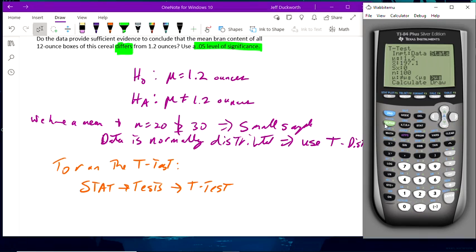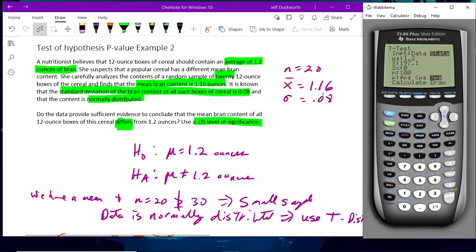X bar is given as 1.16. S, we don't have S, but we do have sigma, that's 0.08. And finally, N is 20. So which option here? Again, this option is very important for the calculation of the p-value.